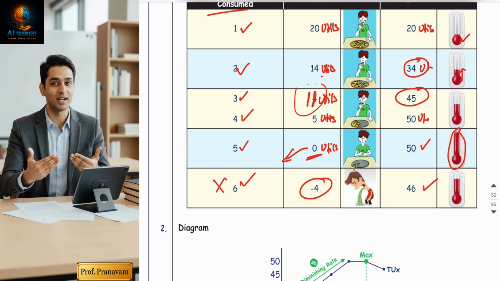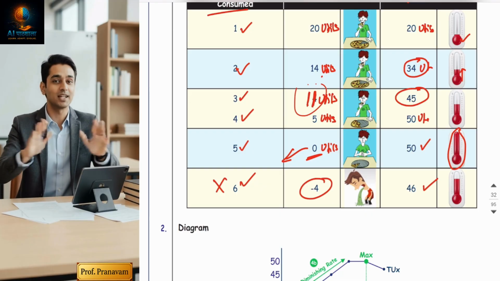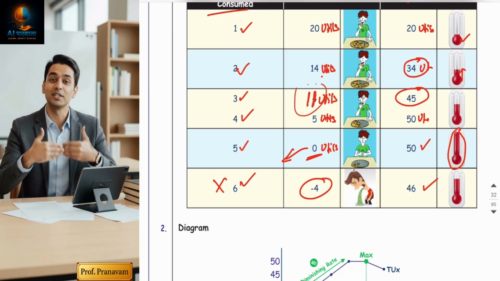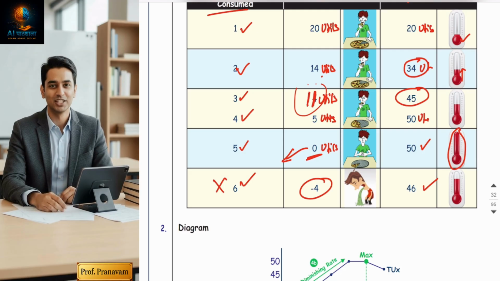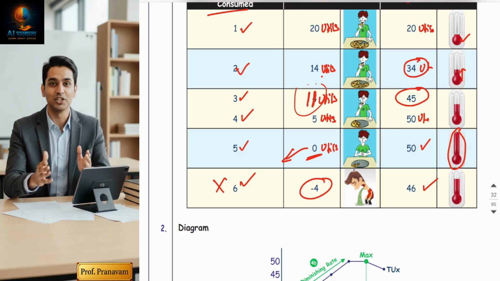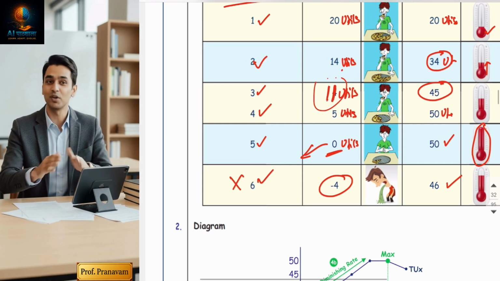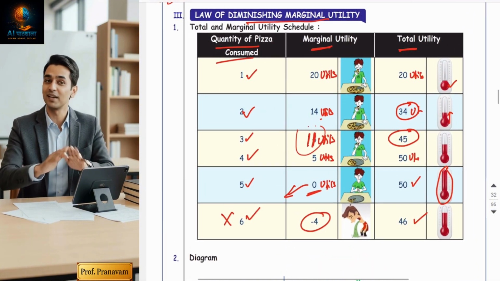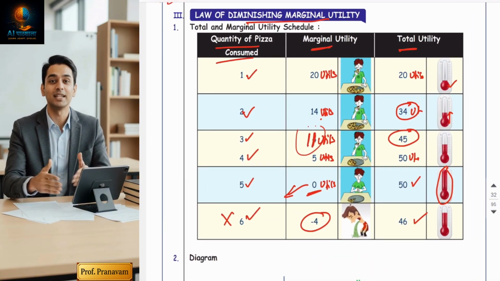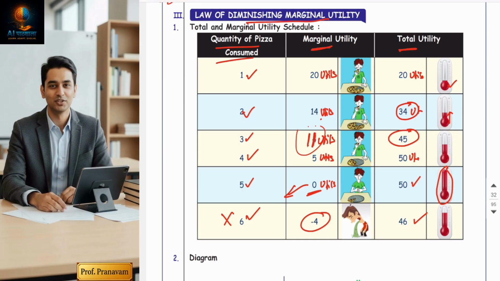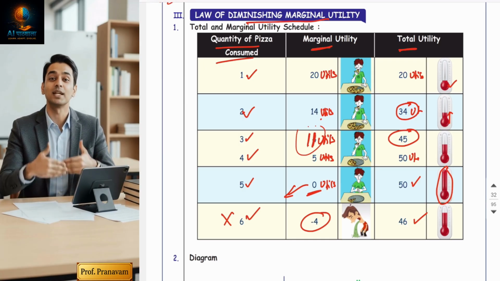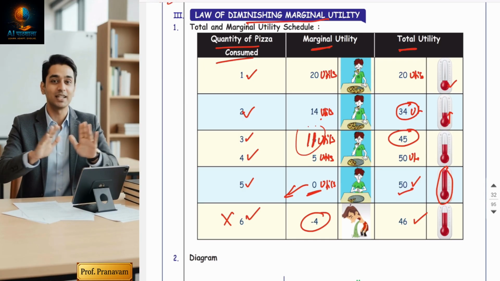The slice of pizza, which used to give a positive impact, will now start giving a negative impact. So when MU becomes 0, the conclusion of the theory is he is totally satisfied. It's called point of satiety and TU becomes maximum.